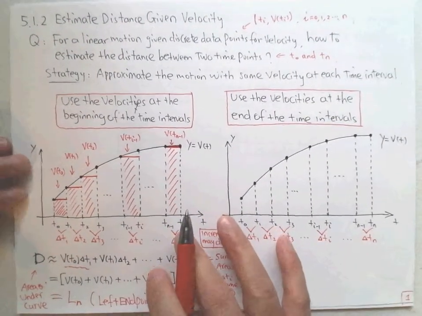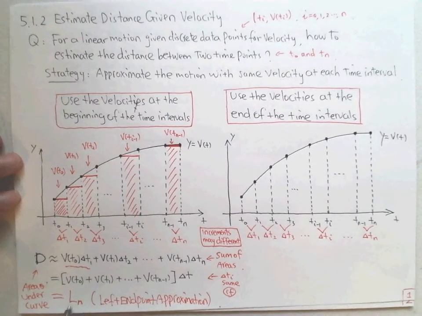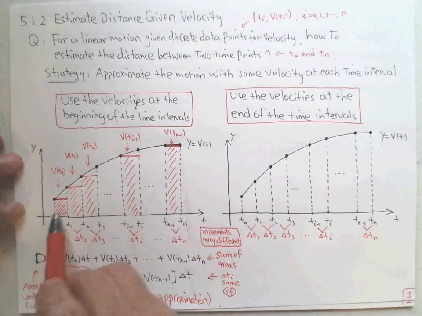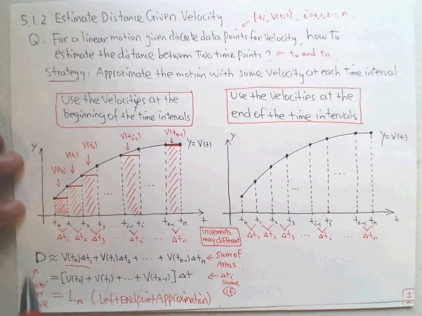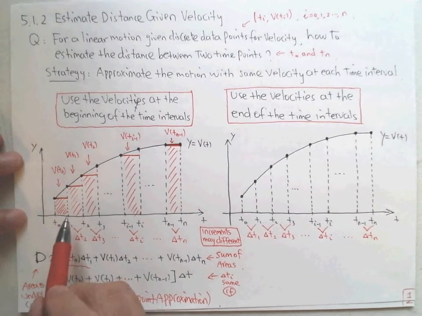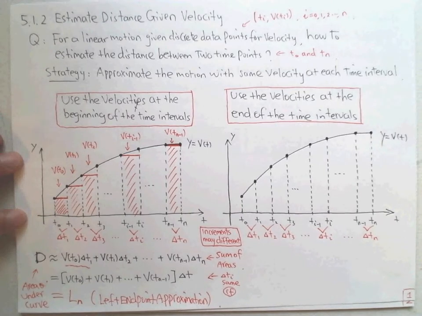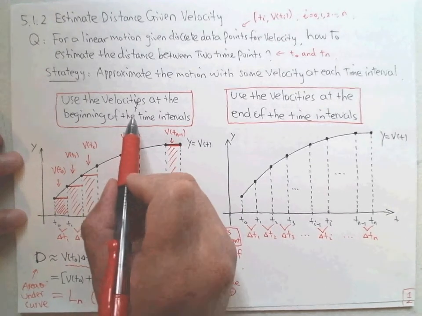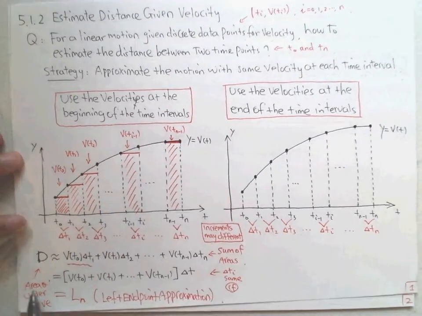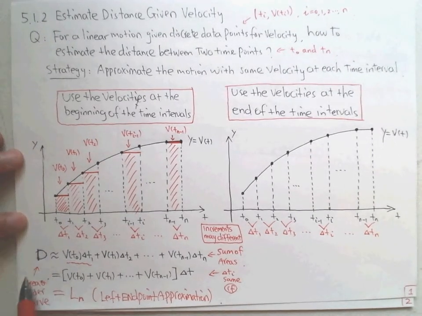See, this is very, very important, because when n gets bigger, L_n approaches the area. That means now we can find the distance exactly, equal to the area under the curve. And for the approximation, we can use the left endpoint, which means using the velocity at the beginning. So this is very, very important.